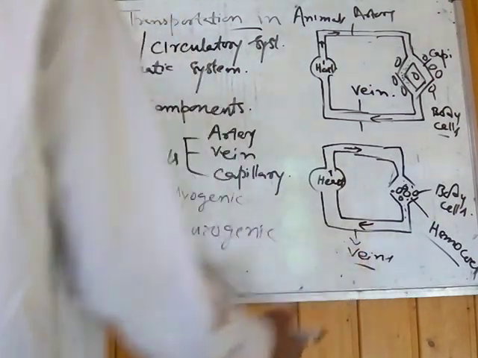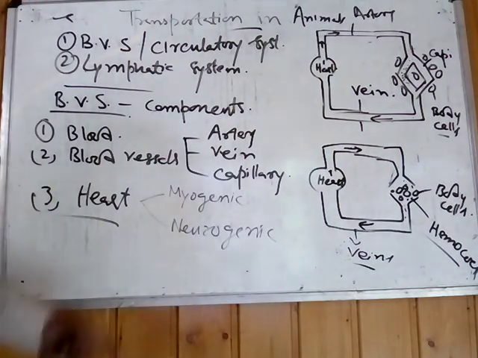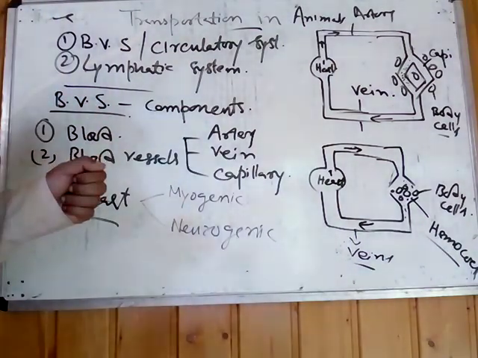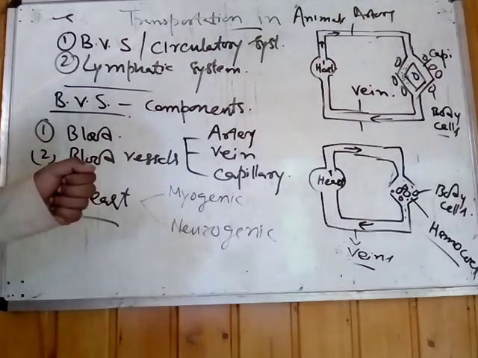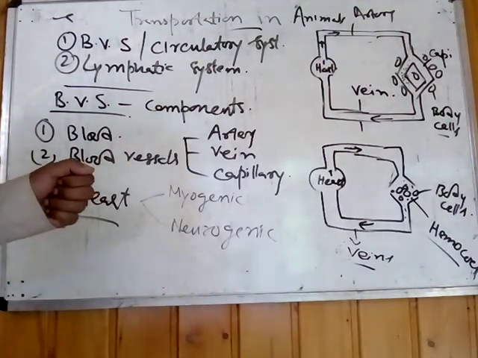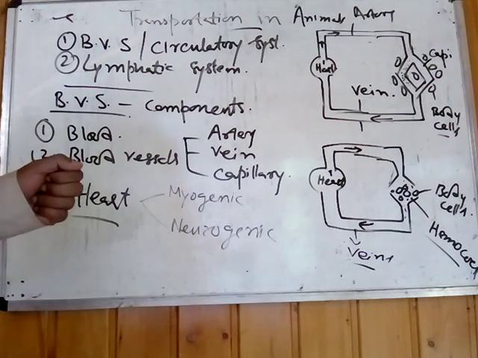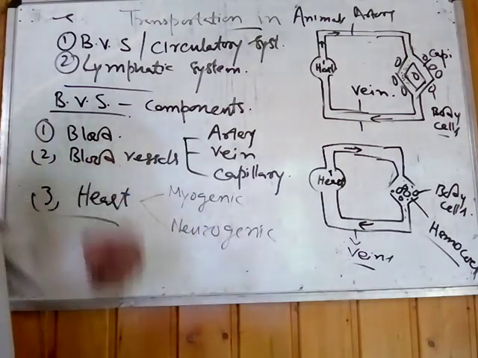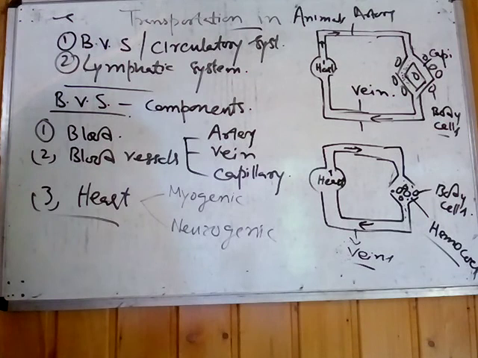In this condition, blood comes out of the blood vessels and directly baths the cells. This is known as open blood vascular system. It's found in insects and certain other organisms as well.